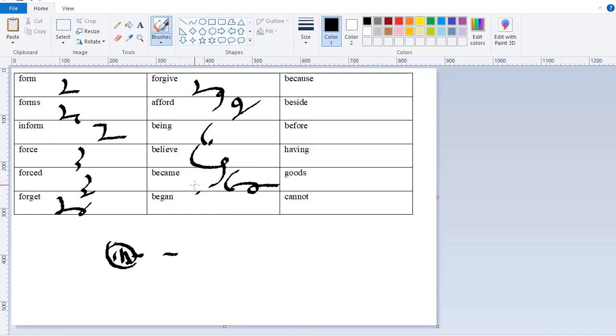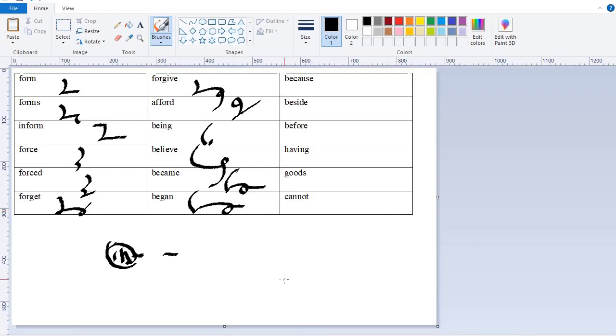The K is too long, so let's redo it. We have B, we have K, A, M. Okay. Next, we have begun. Begun, we have B, we have G, we have A, we have N. Okay? So you can see the difference between became and begun.